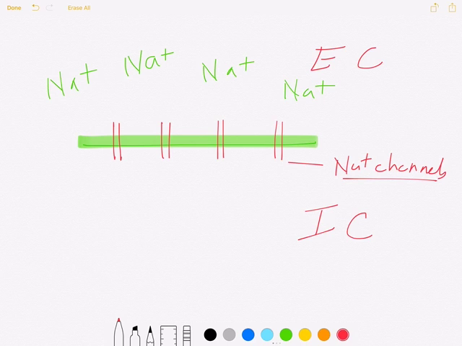And when these channels open up, sodium just gushes in because of its concentration gradient and also because of the electrochemical gradient. Because remember, inside the cell is more negative as compared to outside. So there will be two forces that drive the sodium in: concentration gradient and electrochemical gradient. So sodium is just waiting outside.